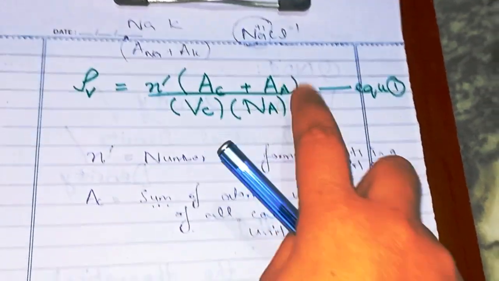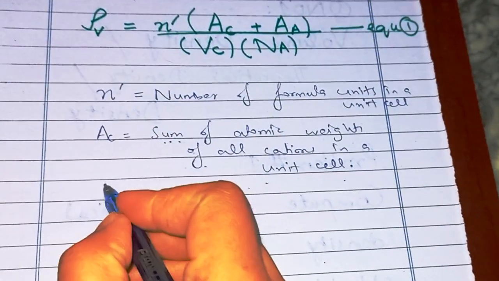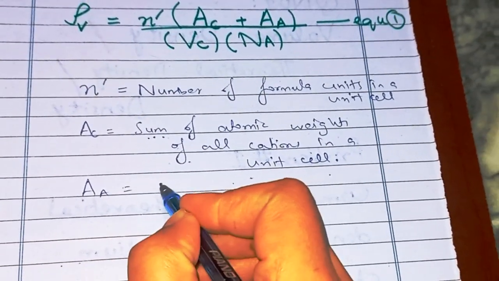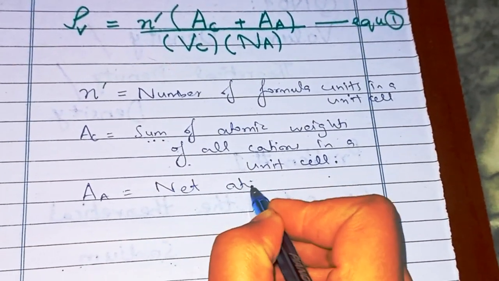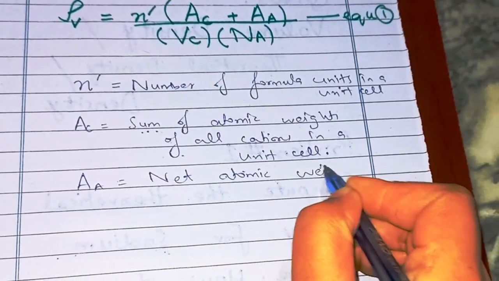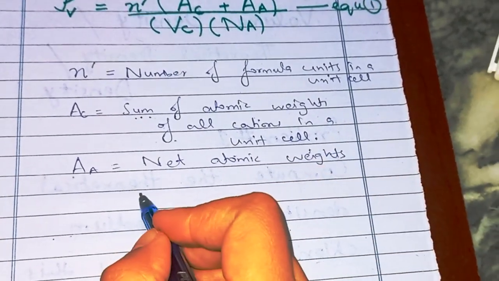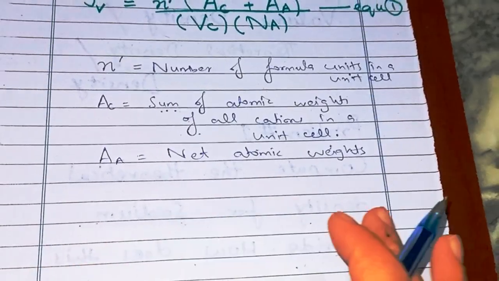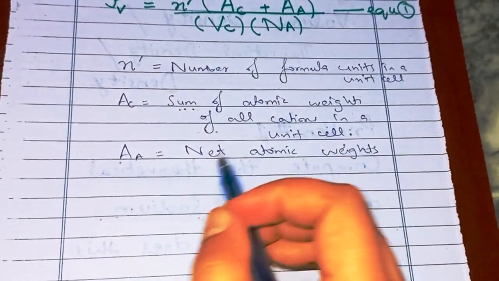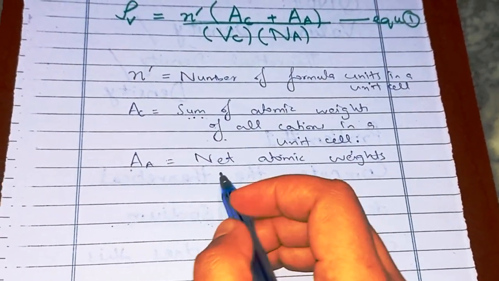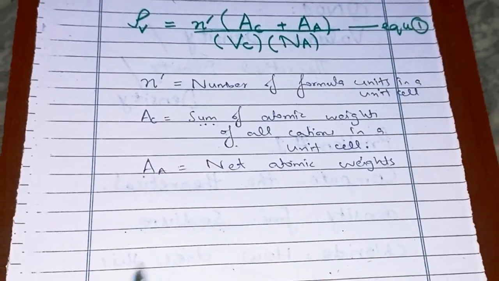Then we have anions. It is the net atomic weight of anions. In ceramics, we can have a number of different kinds of atoms inside a unit cell, and we can have more than one cation and more than one anion.